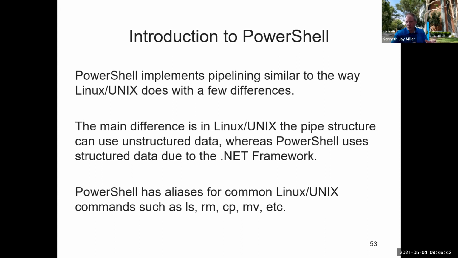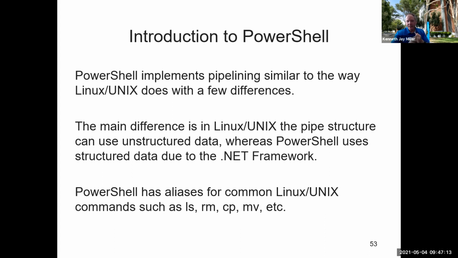Whereas PowerShell has to use one of the data types, which is either a character, a string, a single variable, a complex variable. So it has to fit one of the .NET framework types.